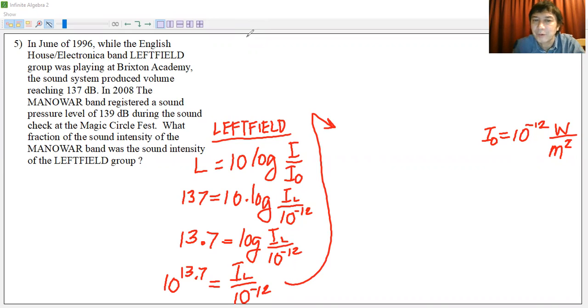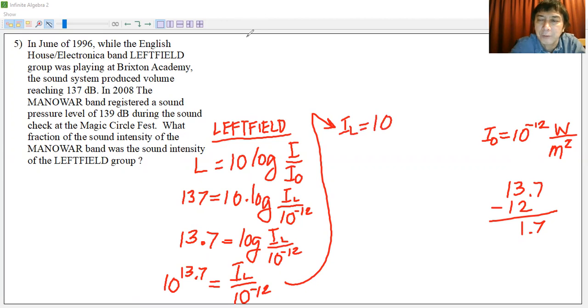So that 13.7 will be combined with the negative 12. It's just 13.7 minus 12, which is 1.7, and the resulting IL is equal to 10 raised to 1.7. So that ends the left field.